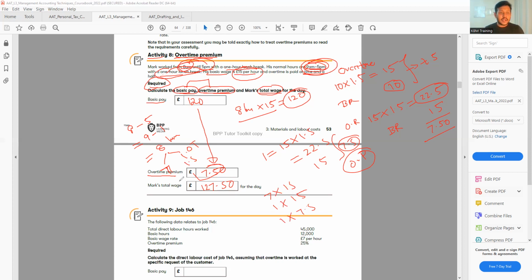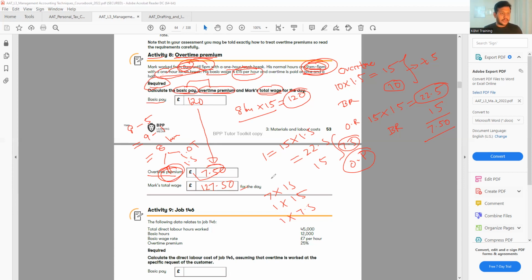But the question is asking for the overtime premium, not the overtime. They're asking how much is the premium. Premium means only the extra, the difference between the overtime and the basic rate. We are not calculating the overtime, we are calculating the overtime premium. Make sense? Happy with that, Maria?